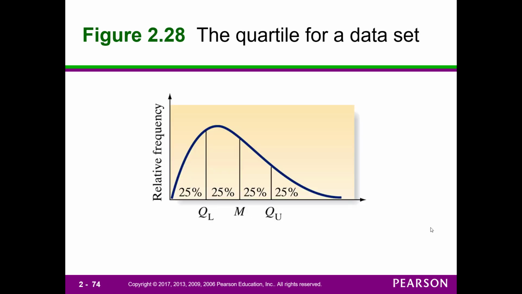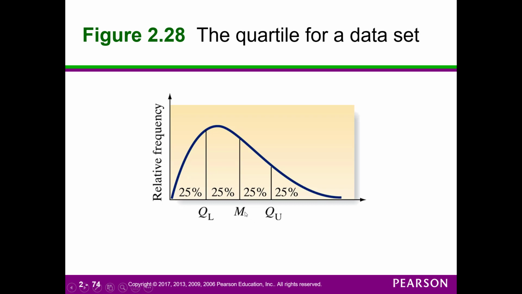Percentiles that partition a dataset into 4 categories, each category containing exactly 25% of the measurements, are called quartiles. The lower quartile, QL, is the 25th percentile.